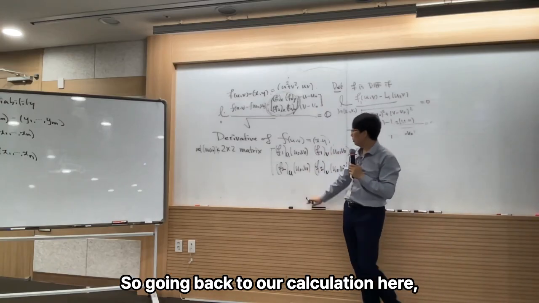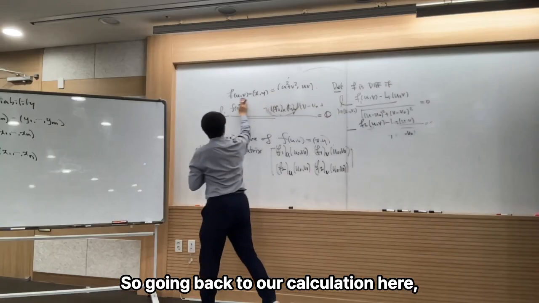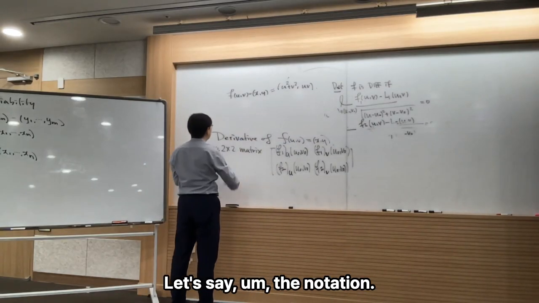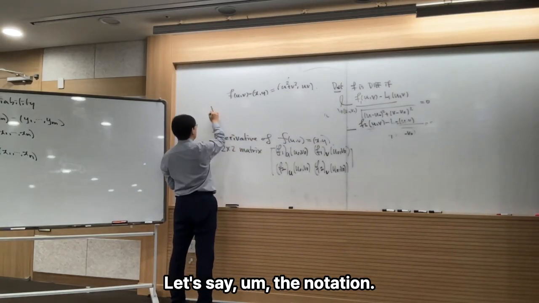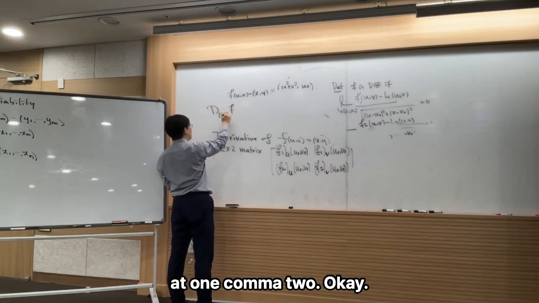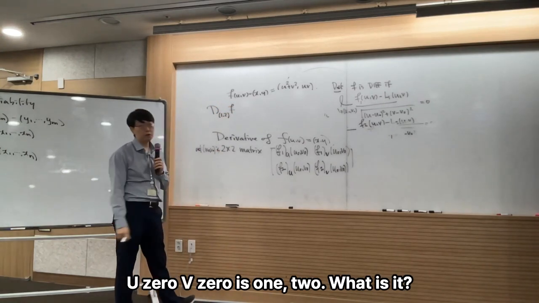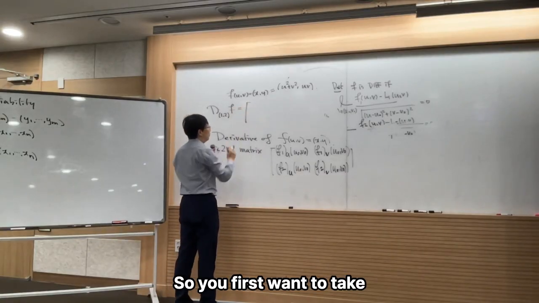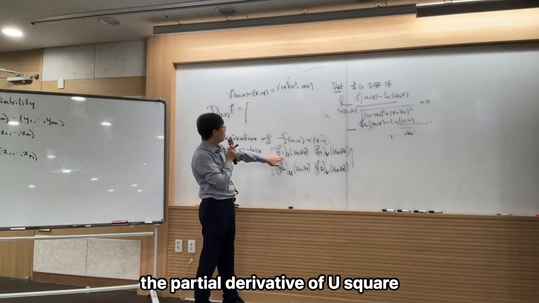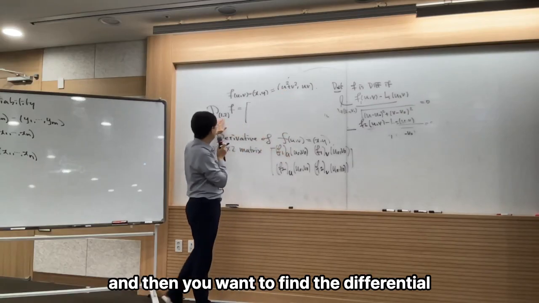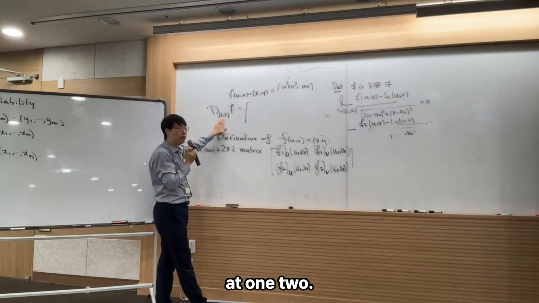So going back to our definition here, what's the derivative of this function? Let's say the derivative of this function at (1, 2), so u0, v0 is 1, 2. What is it? You first want to take the partial derivative of u squared plus v squared in terms of u, and then find the differential at 1, 2.